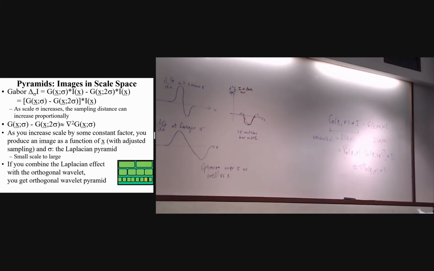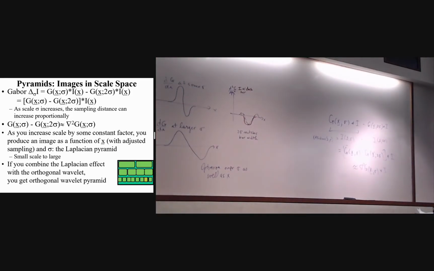But you already got the g of x 2 sigma computed, and so now you can do g of x 2 sigma minus g of x 4 sigma, still in the frequency domain, and do the inverse Fourier transform of that result when you multiply it by the image. But you've already multiplied by the image, in fact, and you get the next level up in the pyramid, and so on.